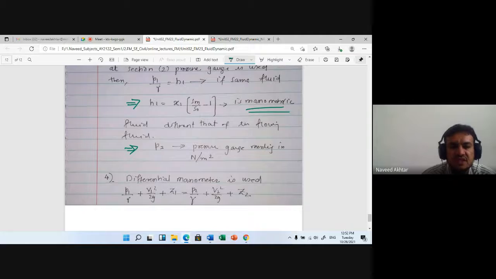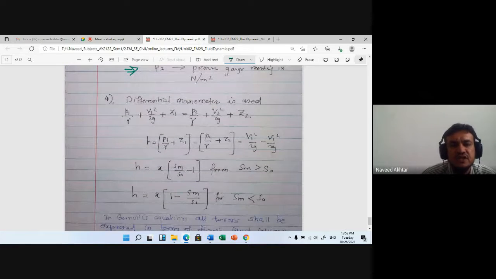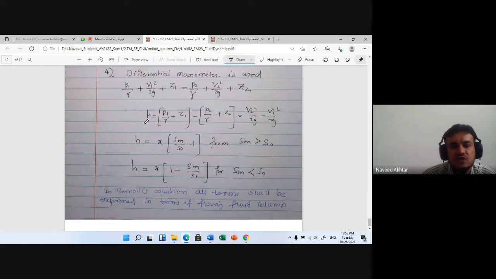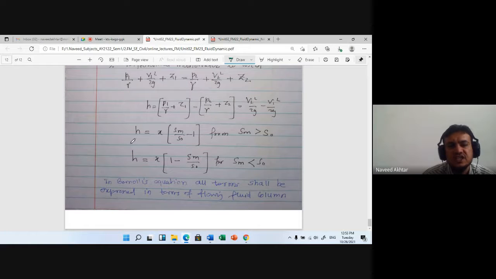If a differential manometer is there, you can use this formula: H is equal to (P1 upon gamma plus Z1) minus (P2 upon gamma plus Z2), which is equal to V2 square by 2g minus V1 square by 2g. Here also H is nothing but X into (Sm upon S0 minus 1) if a different fluid is used. If the same fluid is used, then you can use the simpler formula.